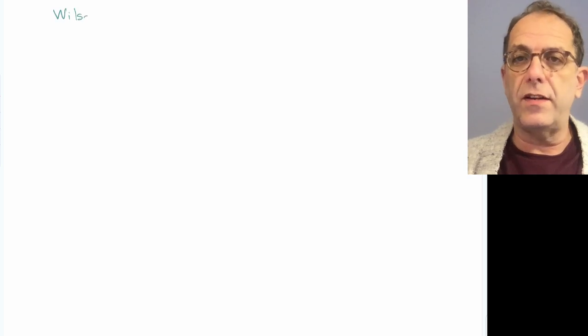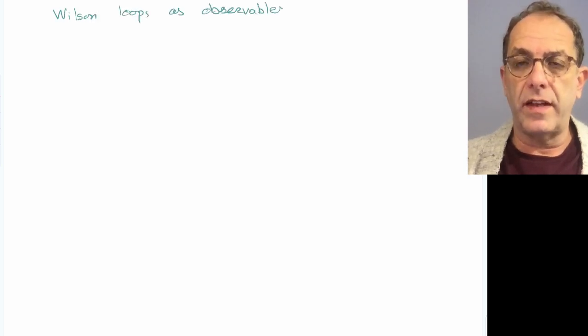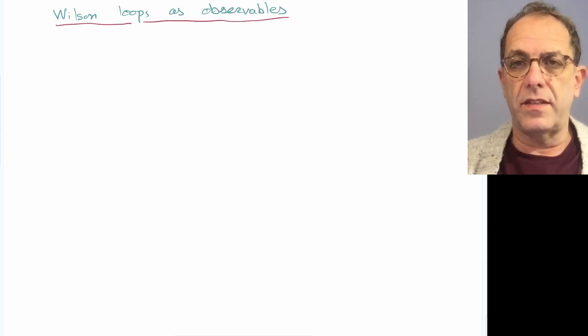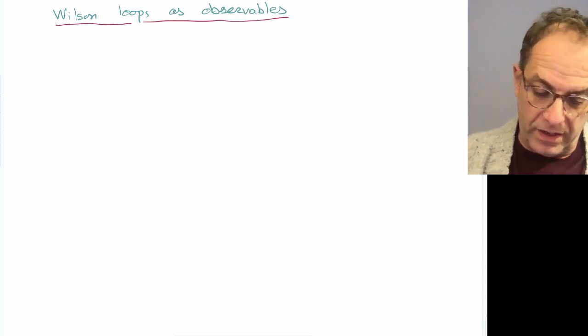So we defined what Wilson loops are, and we proved that they are gauge invariant. But what are they as observables? What can we calculate with them? The first example is the same example we looked at in Maxwell theory, that of the antiparallel lines.